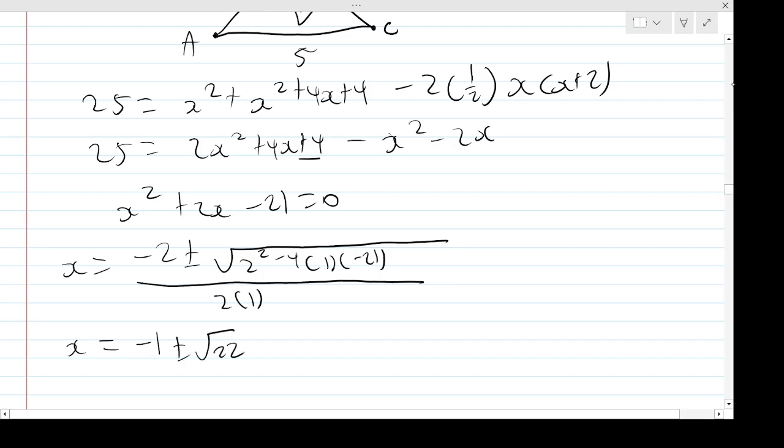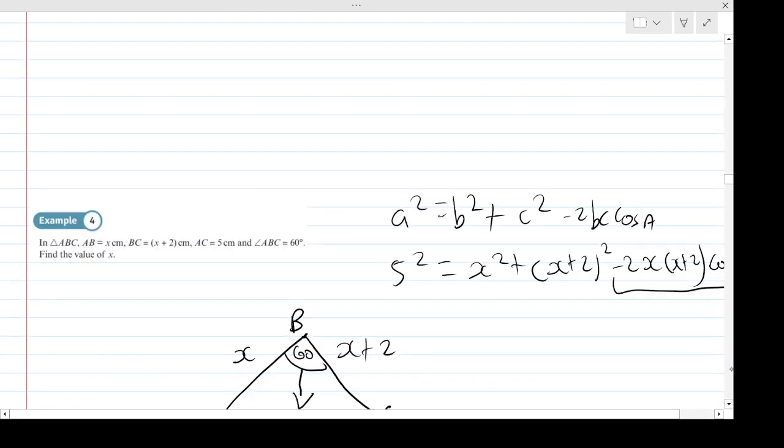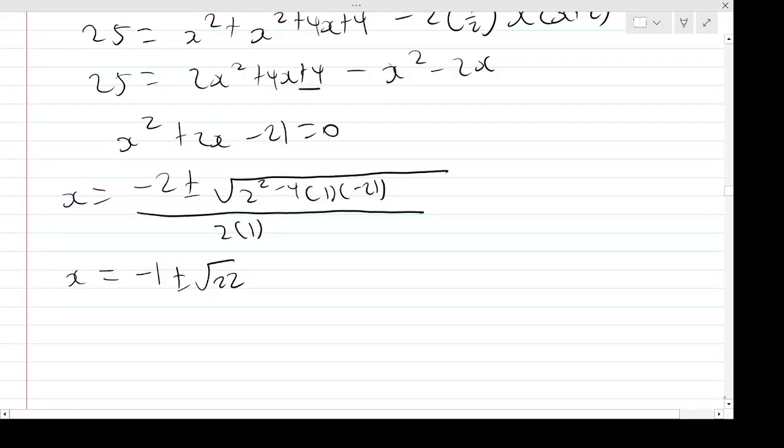It doesn't seem to round it to anything. We've got 2 solutions here, but it's only talking about one solution. If I put this as a decimal, minus 1 plus root 22, the calculator tells me that is 3.69 something.